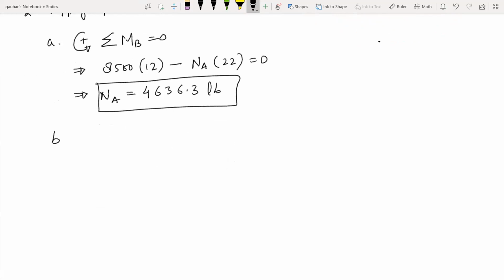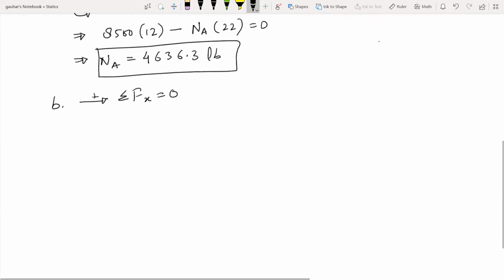What next? So next we can apply sigma Fx equals 0. Okay, so if you do that, what do you get? The x component of the tension force, tension in the cable, so T cosine of 30 degrees.